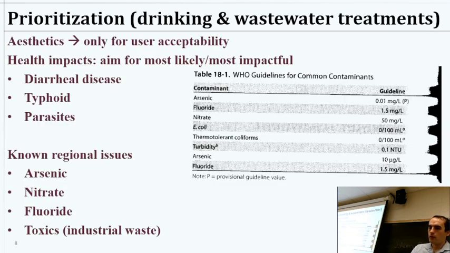Okay, so we'll go ahead and get aesthetics out of the way first, because it is kind of important. Obviously, if it's an aesthetic concern, it's safe, but it's just not pleasant, right? So the important aspect of aesthetics that we ought to be considering is whether or not the user is going to actually drink it.